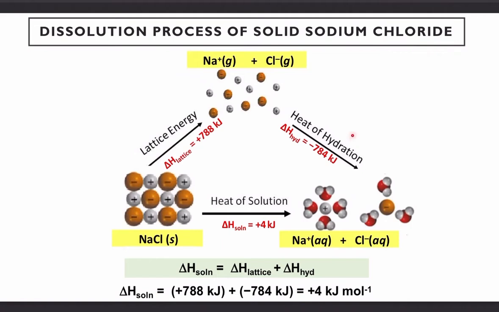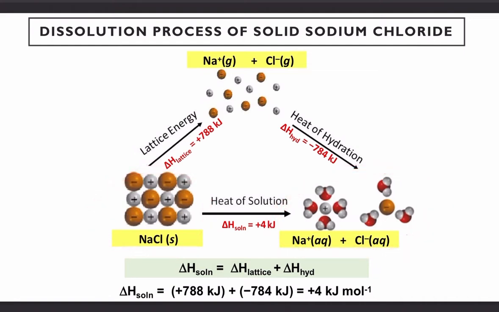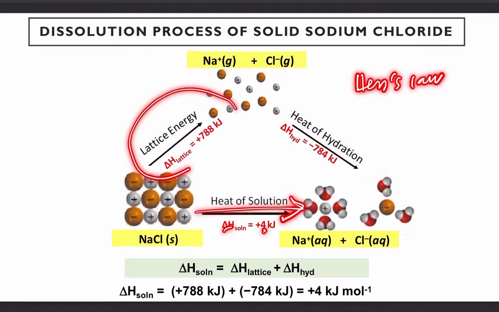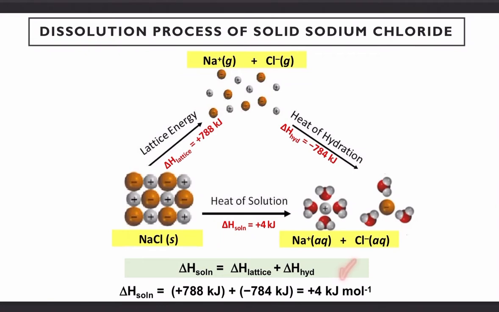This one is an exothermic reaction, negative delta H, and finally you will get your aqueous ions. So your ionic solid is already dissolved in water. This is basically Hess's law: the one-step process equals lattice energy plus hydration.